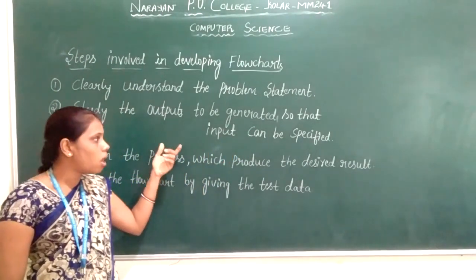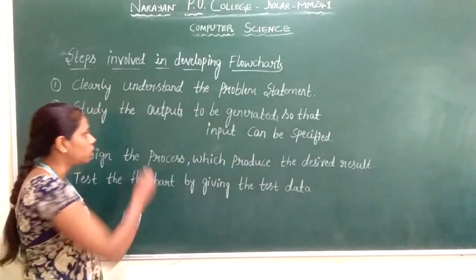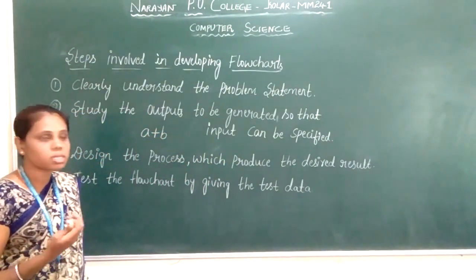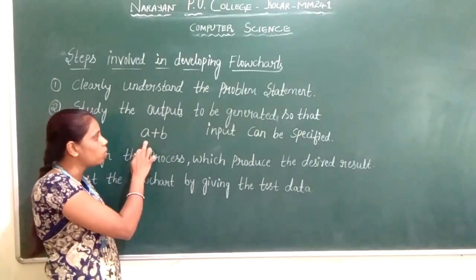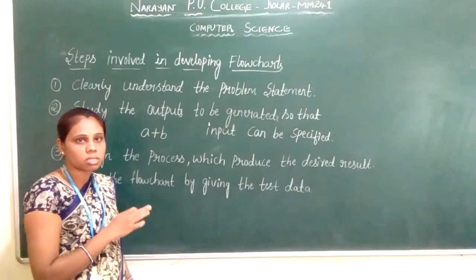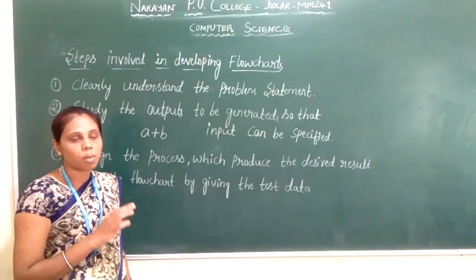See, if I want to perform addition of two numbers, after performing the operation a plus b, we need to get the sum of these two numbers. Here we are giving alphabets, so we can give any values to these alphabets. After performing this addition operation, we need to get the sum of two numbers.